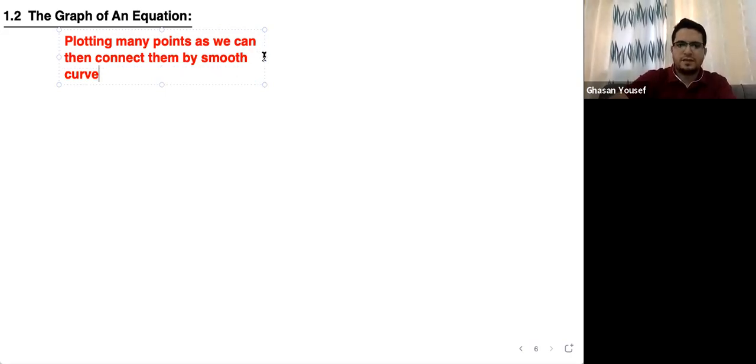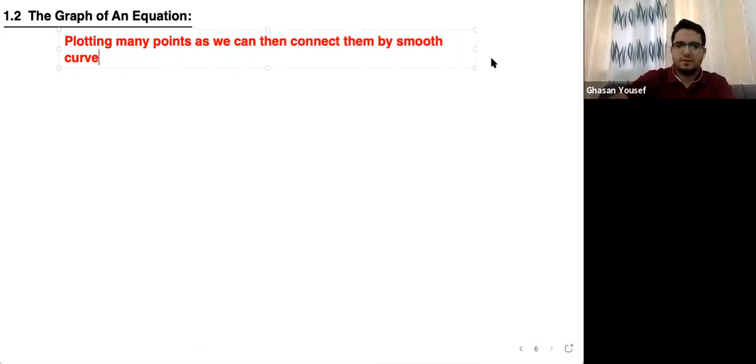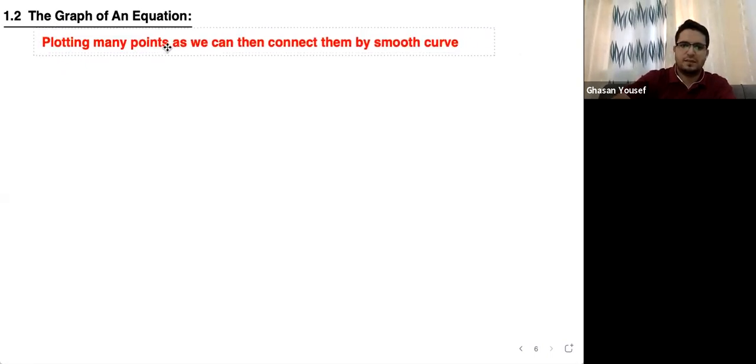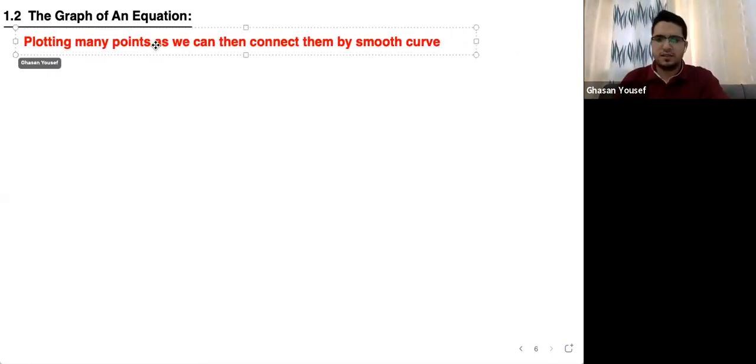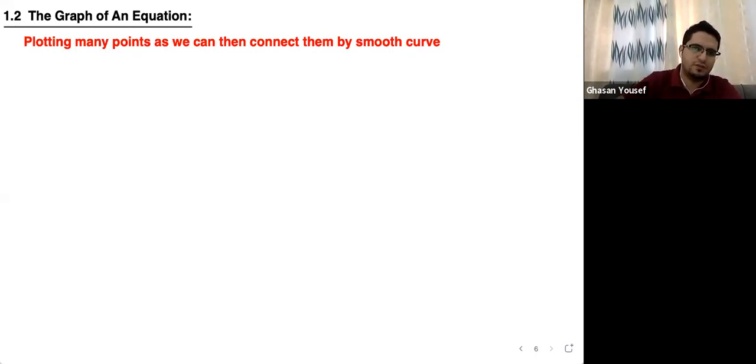Many points, we put them in the Cartesian plane. Then we connect these points by a smooth curve. This smooth curve gives me the graph of the function or of the equation. So I will start by giving some examples.